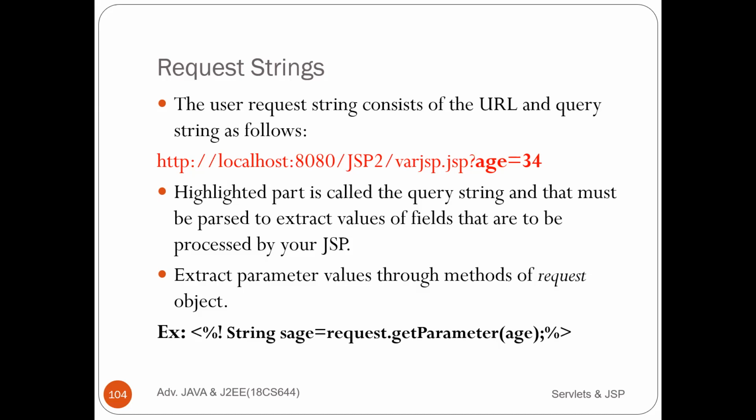Sometimes in a web page, some of our button actions will take us to different pages. Whenever we click on the submit button, at that time a user request string containing a URL will be generated. That URL and query string will be as follows, followed by the domain of the requested page. Here JSP.jsp is the page to which the request must be forwarded.